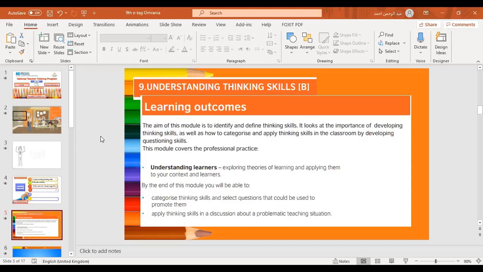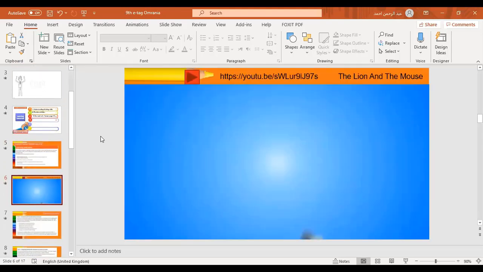Now let's start with this simple story about the lion and the mouse. I think most of you are aware of this story, but please try to concentrate on the main course of this story, because we'll have a small discussion related to it.